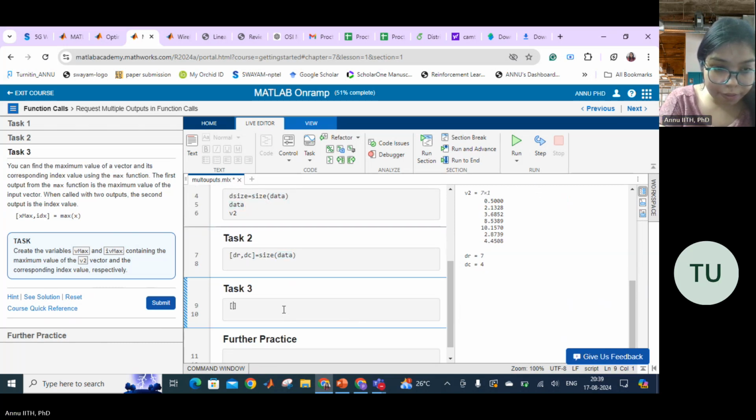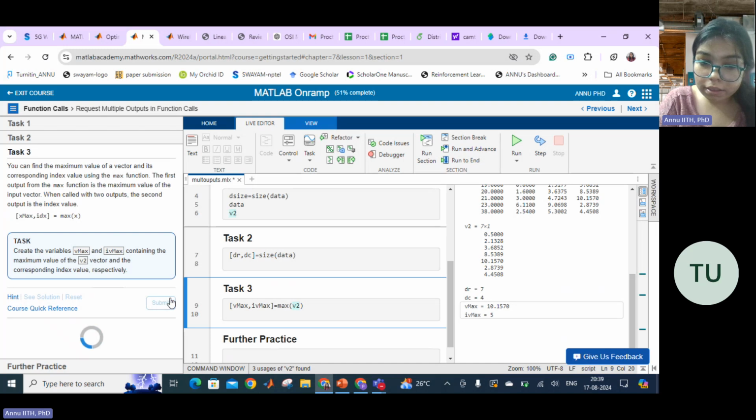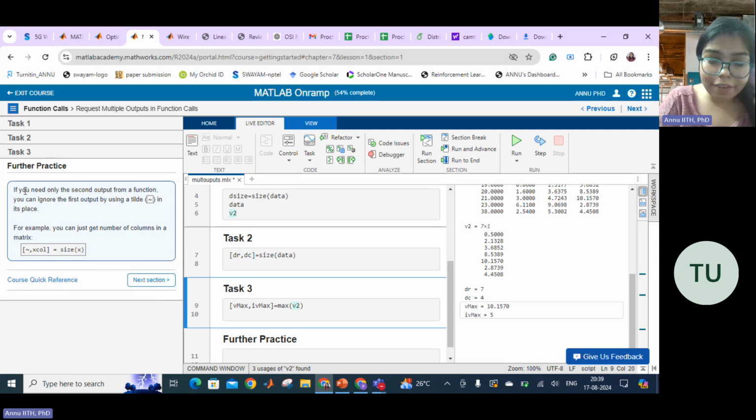So Vmax, IVmax is supposed to be max of V2. First run this. So it is giving like this, and V2 has the maximum value of 10.15 at the index of 5 because MATLAB works from 1. Next task.